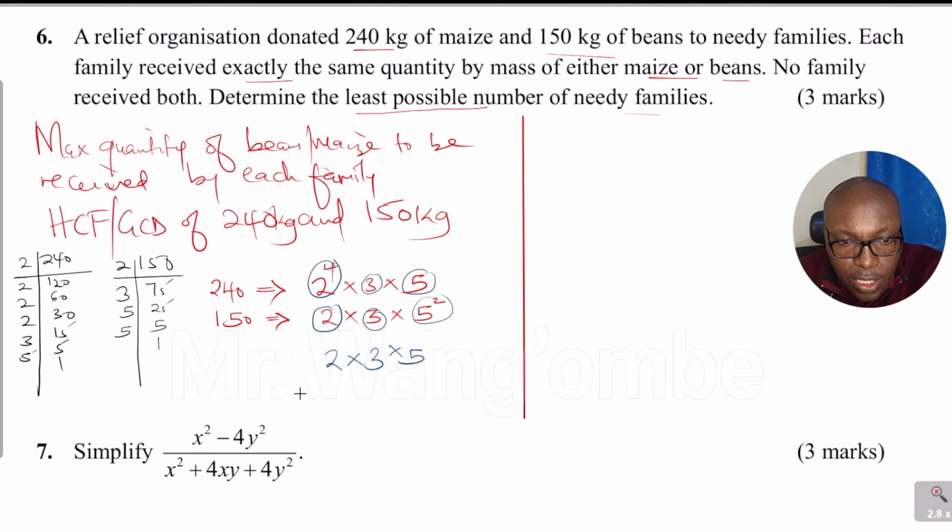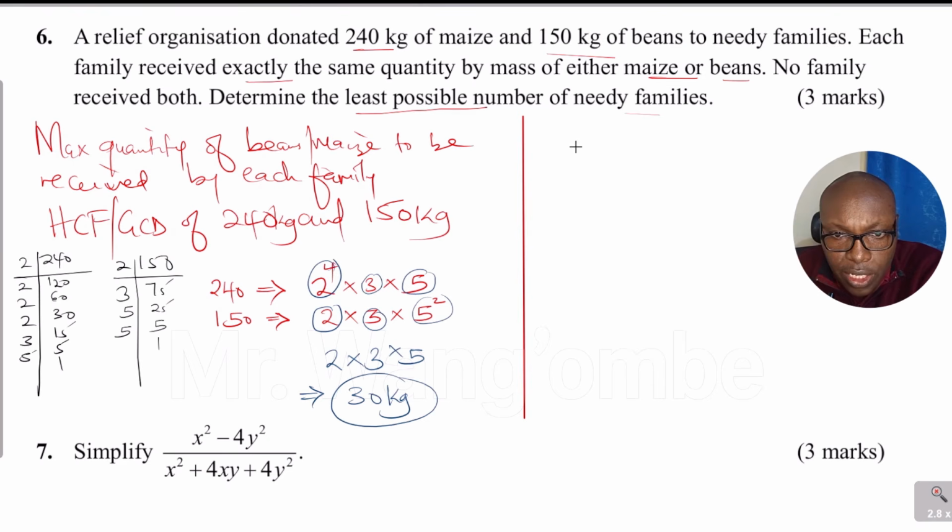So this is how we get the greatest common divisor. You can use the other method, still it works. This will be 2 times 3 times 5, that is 30. So that means the greatest quantity, or the maximum quantity that each family can receive in terms of kg is 30 kg.